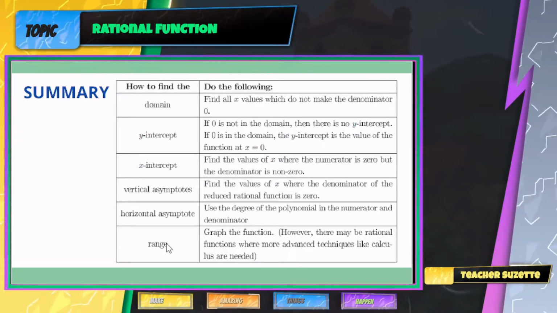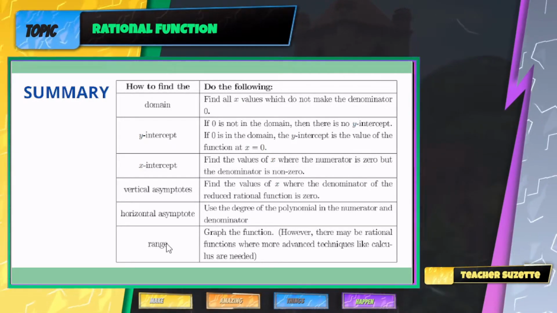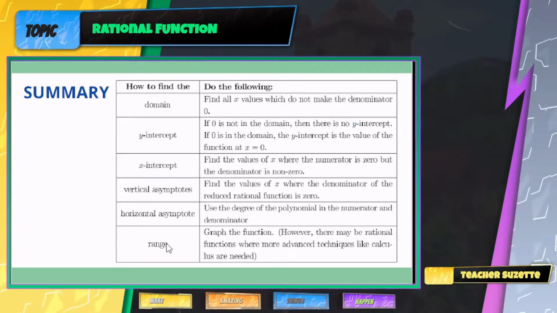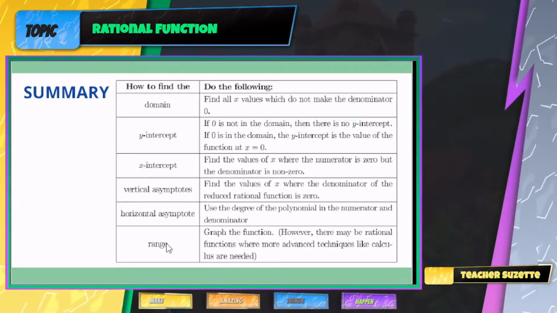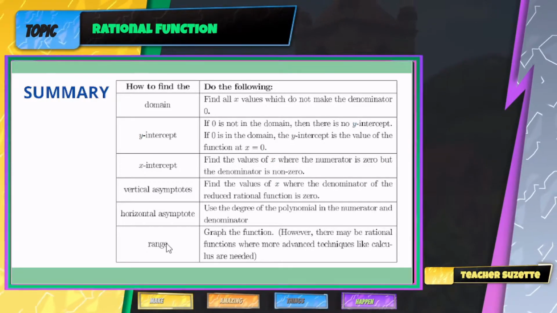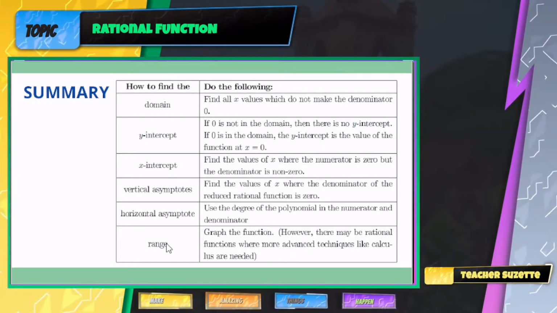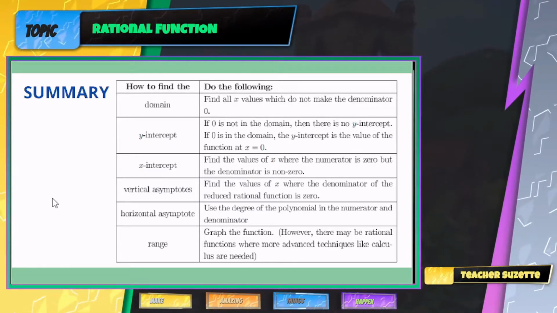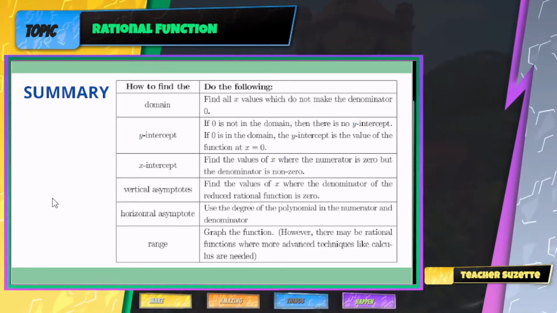Pero kasi dito, our purpose is to sketch para magkaroon kayo ng idea just in case na in an exam or in a assessment, you will have an idea na given this graph, given this equation, the graph is this one or this is the domain, or you know how to describe or to explain the graph itself. Kapag marunong ka, syempre mag-sketch mismo ng pinaka-graph ng rational function.